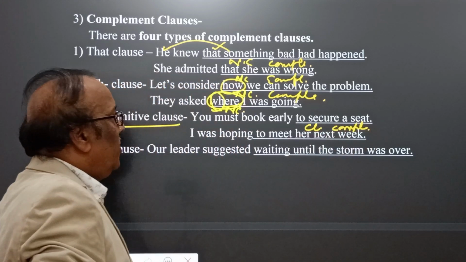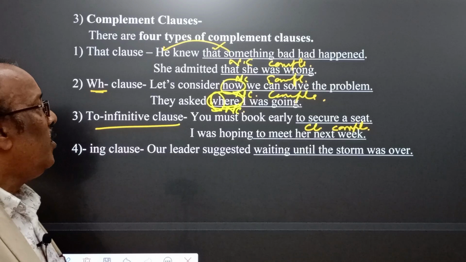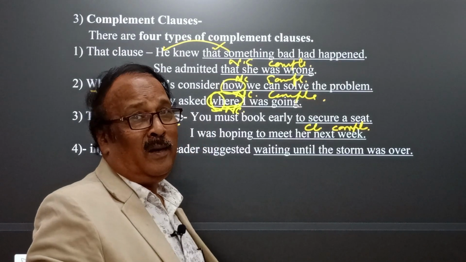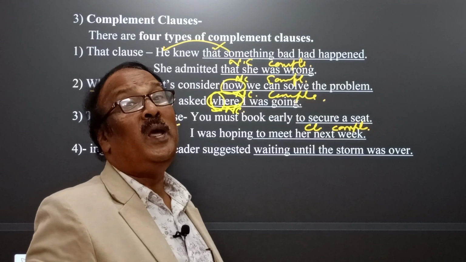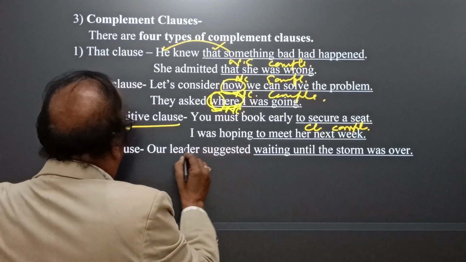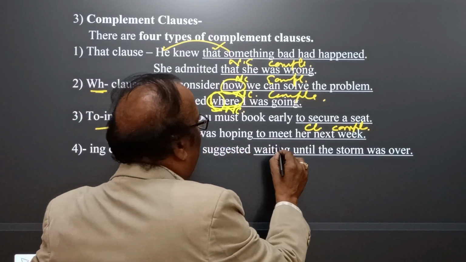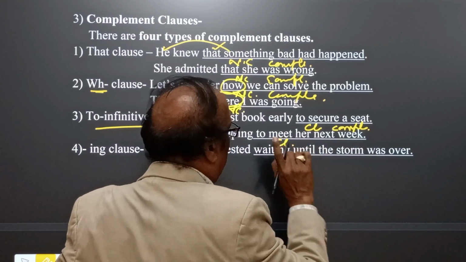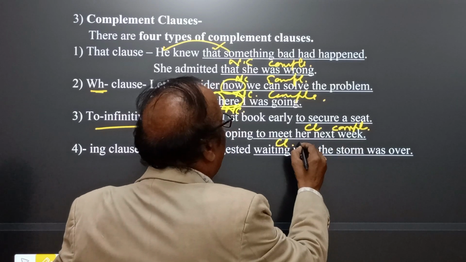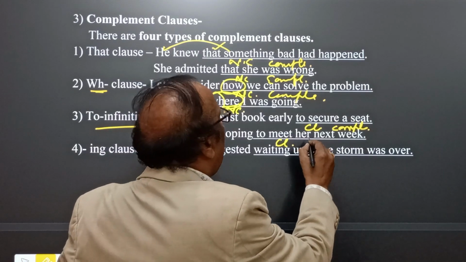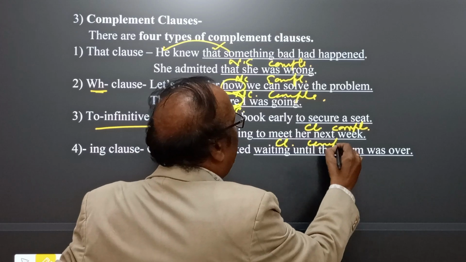You must book early to secure a seat, otherwise you will remain behind and you may not get a seat. And yes, I was hoping to meet her next week. Here we find the complement.